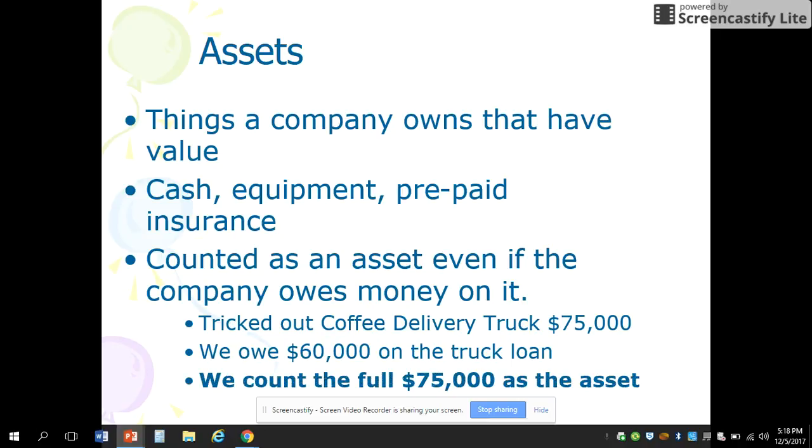Although we owe $60,000 on the truck, that's technically a liability. We count the full $75,000 as an asset. Again, $75,000 is the asset. $60,000 is the liability. Picture that in your head. We're going to get to that a little bit later. $60,000 is what you owe, but you technically have the entire truck in your possession, so you do own the truck.